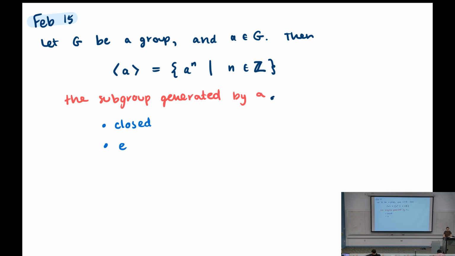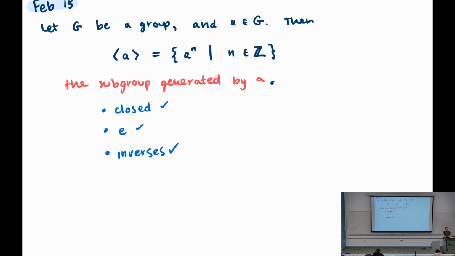So it's closed, it has the identity, and the operation itself is associative by definition. And then what else do we need to check? Inverses. Inverses are in here because we also have the negative exponents potentially, so inverses are also good. Okay, so this is a subgroup generated by the element A.